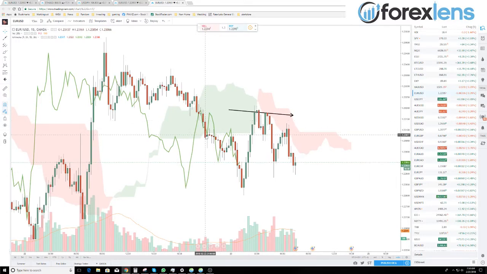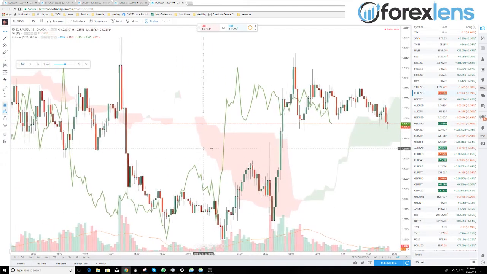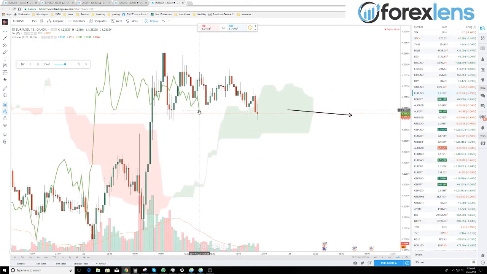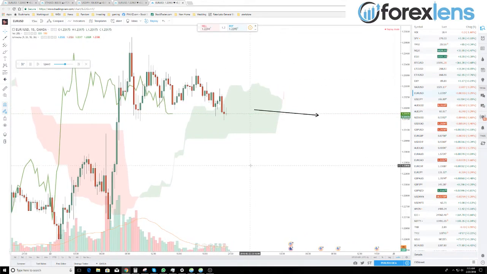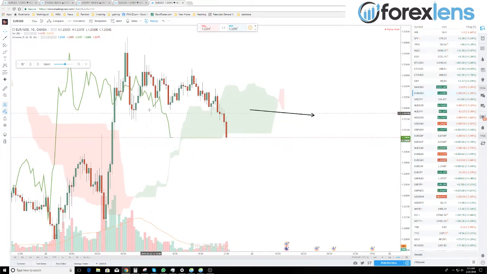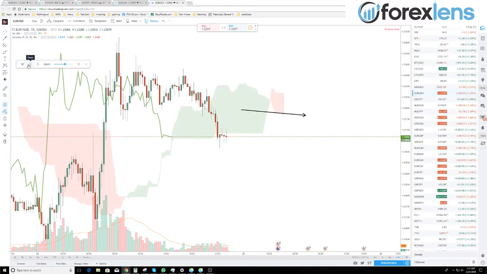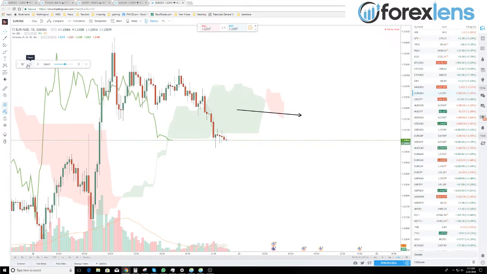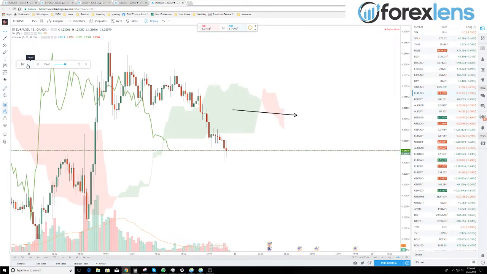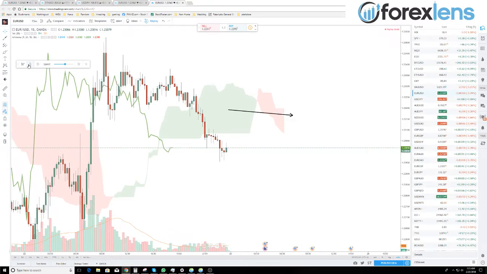So for example, let's just look at this price action here. Let's go to the market replay and go here. All right, now look at where the lagging span is at. I'm going to hit play. Okay, that's going really fast. Now if I wanted to go short right now, I could go short.